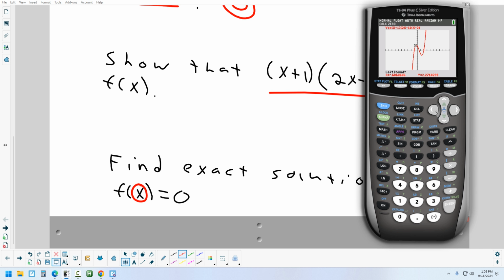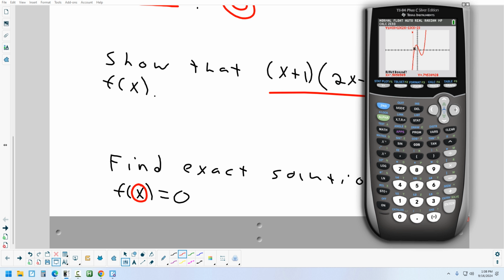Let's go all the way to the one on the left. The first thing it says to do is pick a point that is to the left of where it crosses the x-axis. I want to find all 3 of them. I can only do one at a time. So take your cursor and put it somewhere that you know is definitely to the left of where I'm clicking right there. Hit enter.